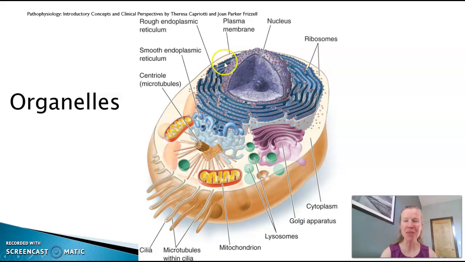Endoplasmic reticulum surrounding the nucleus here. You'll remember there's smooth endoplasmic reticulum, which makes lipids, good. And then the rough endoplasmic reticulum, it's studded in ribosomes. And we remember ribosomes produce proteins, very good. And so the rough ER is also involved then in protein synthesis.